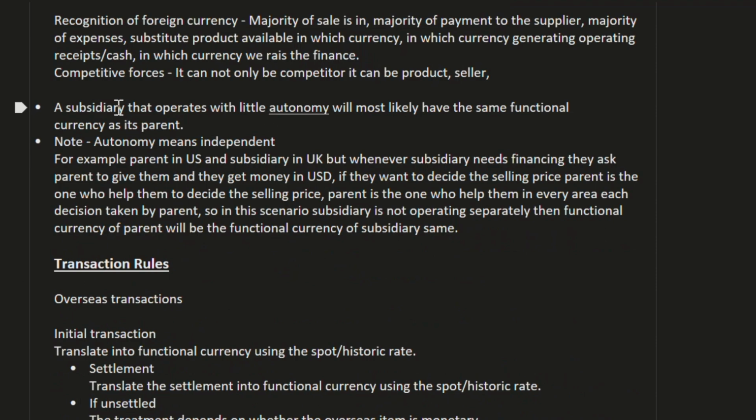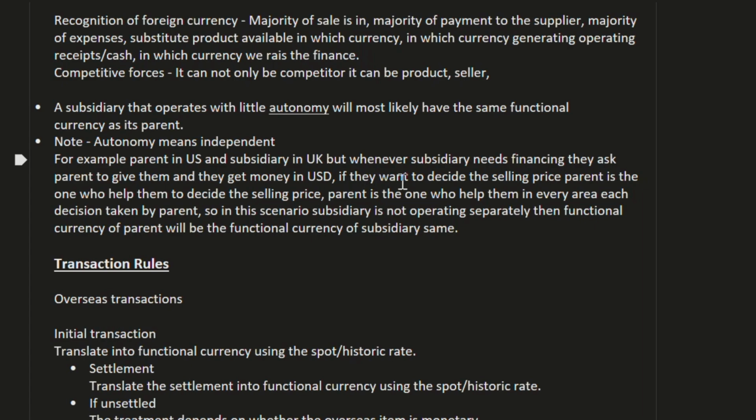A subsidiary that operates with little autonomy will most likely have the same functional currency as its parent. Little autonomy means less freedom; they don't have that much power to take their own decisions. For example, the parent is in the US and the subsidiary is in the UK. Whenever the subsidiary needs financing, they ask the parent and get money in USD.